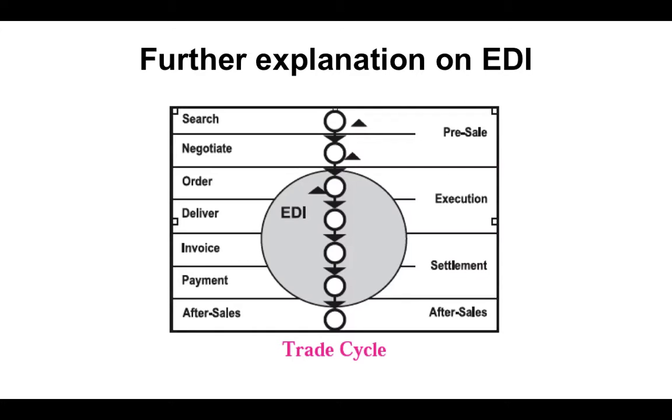Next, I wanted to discuss one small topic in e-commerce, which is the EDI, Electronic Data Interchange. It is also specified after your generic trade cycle in the e-commerce chapter. So in EDI, I'm going to explain it with an example. Let's say there is a school.